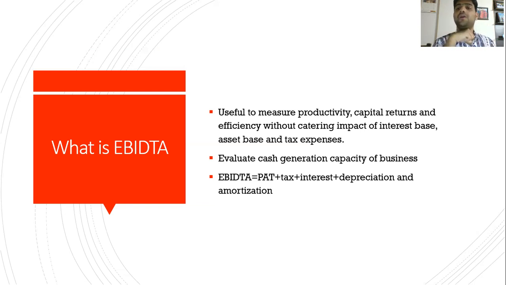And then one question will come, why are we adding back depreciation and amortization? Because the formula says we have to add back taxation, interest, depreciation and amortization. We are adding back depreciation because it is a non-cash expense. When we are buying an asset, we will pay cash or incur the expense, but we will not consider it a revenue expenditure.